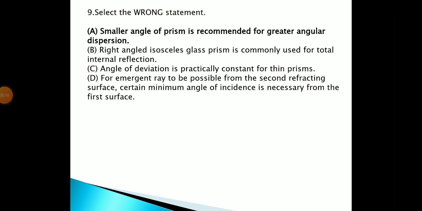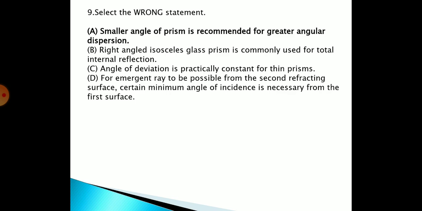Next, select the wrong statement. First, A is smaller angle of prism is recommended for greater angular dispersion. B, right angled isosceles glass prism is commonly used for total internal reflection. C, angle of deviation is practically constant for thin prisms.